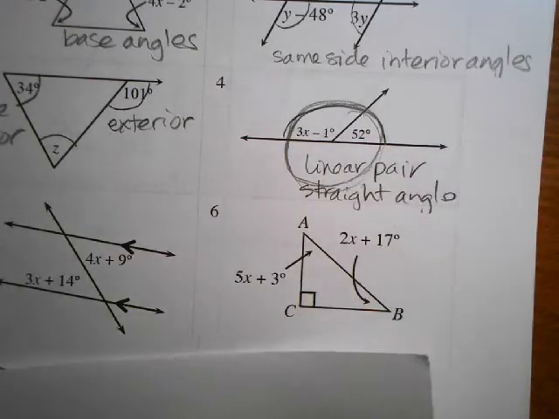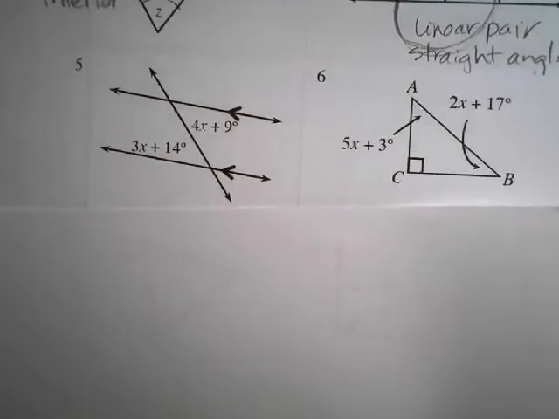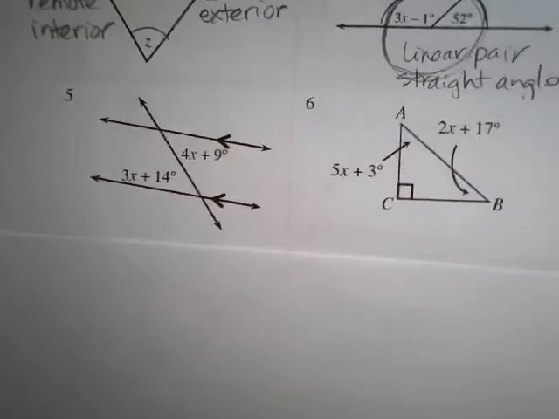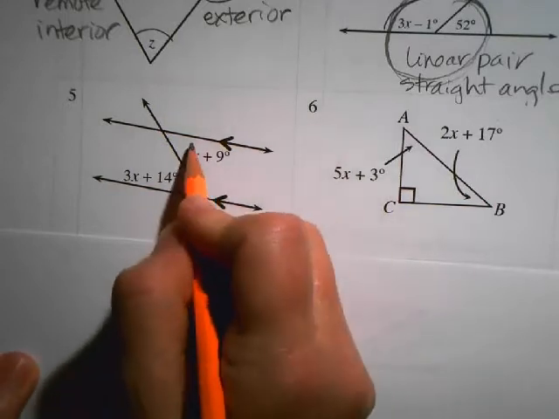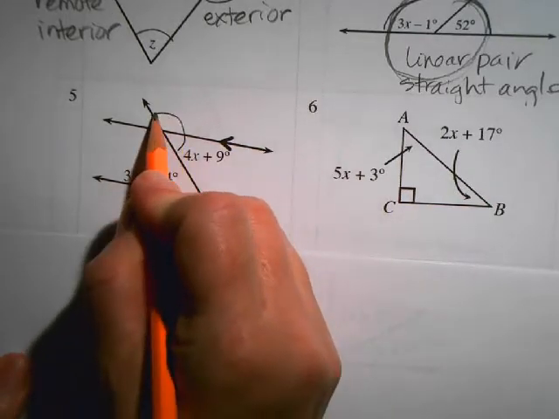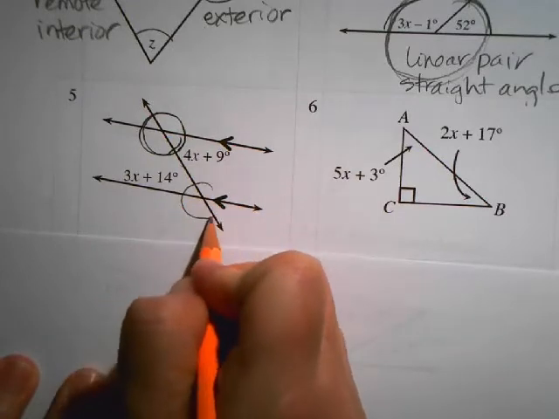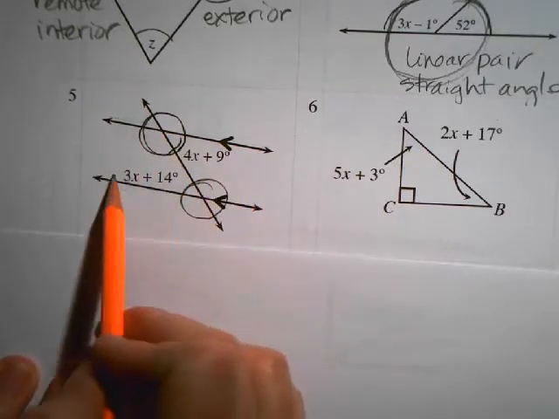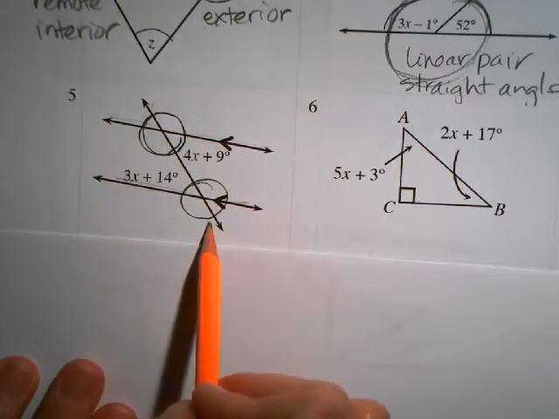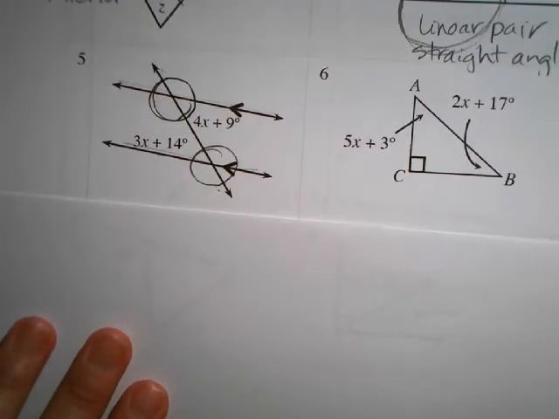Okay, for number 5, we have parallel lines. So I know that these 4 angles are going to be equal to these 4 angles. If these 2 lines are parallel, cut by a transversal, the angles must match up.